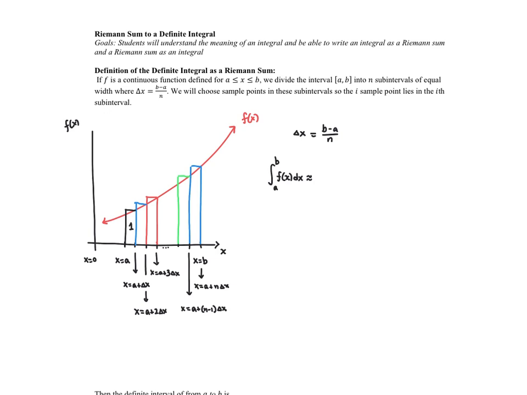Okay, so we're going to take f of x, which would be f of a plus delta x times delta x. Okay, so what do I mean by that? Okay, this delta x is the base length, which is the width of this interval. F of a plus delta x is this height. Right, it's the function output at this x value, a plus delta x. Okay, let's do our second.